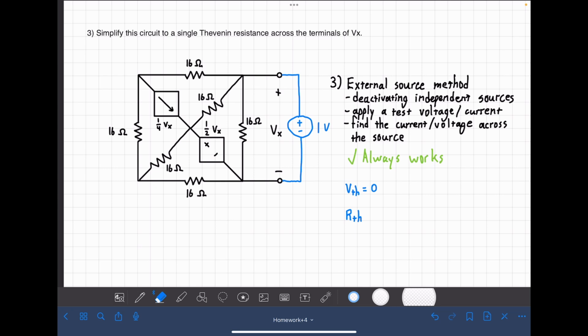So now I can go through and I know that this is now just half volt. And this is now just 1/4 of an amp. So now all I have to do is find the current going through here. We'll call it IS.